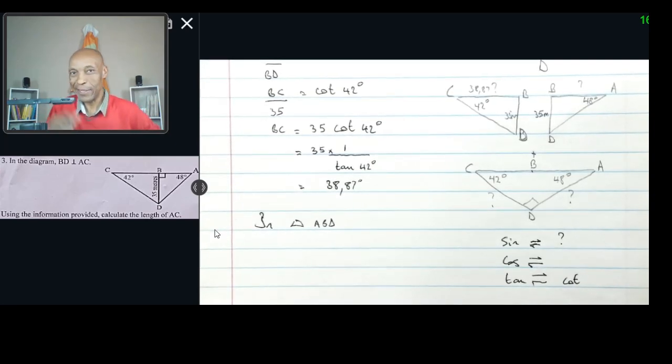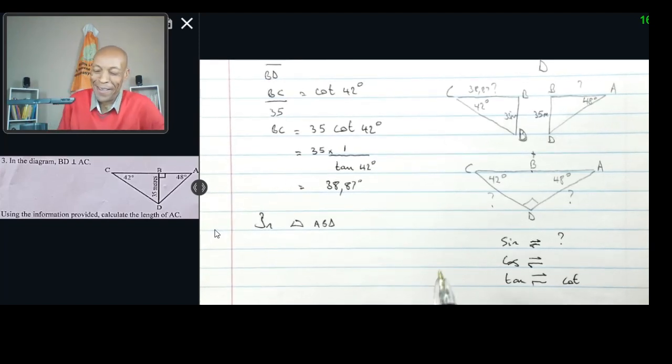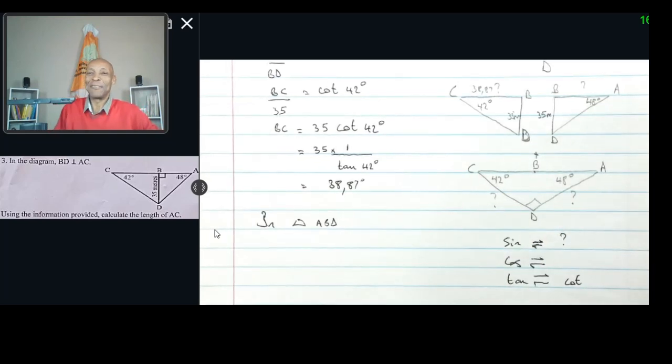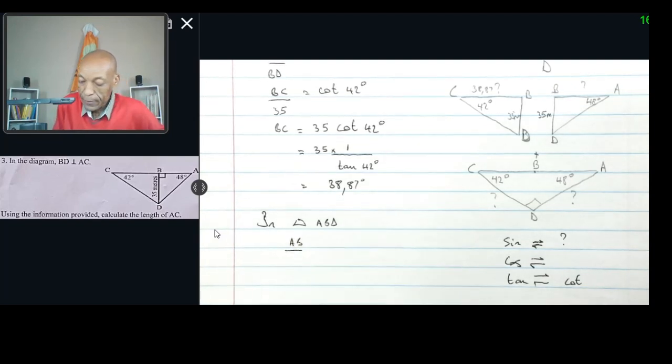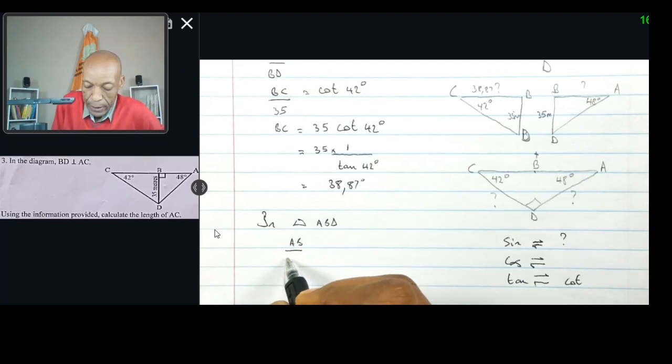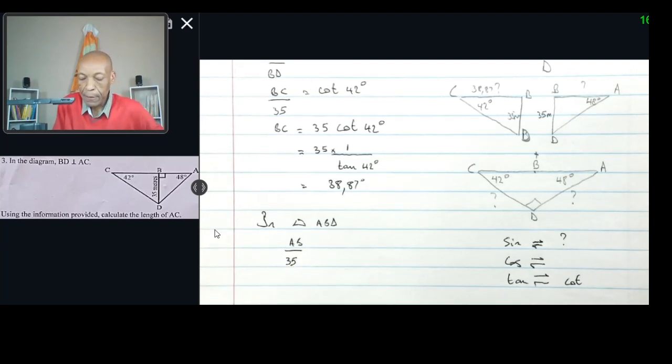You remember the reason? Come on. Right, so it's 35 there. So what am I going to have now? I am going to have AB over a side that is there. What is that side? That side is 35.